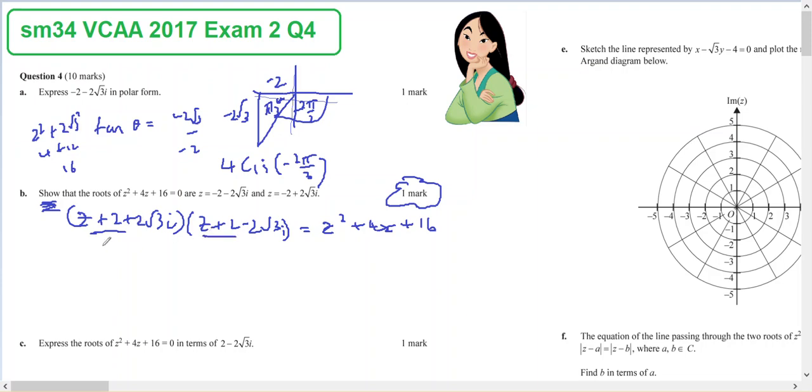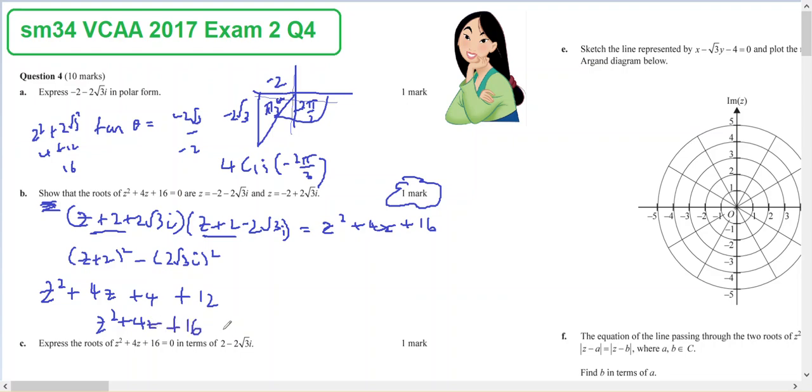So that gives me z plus 2 all squared minus 2 root 3i squared, z squared plus 4z plus 4 plus 12, and that is z squared plus 4z plus 16 equals the right-hand side shown.